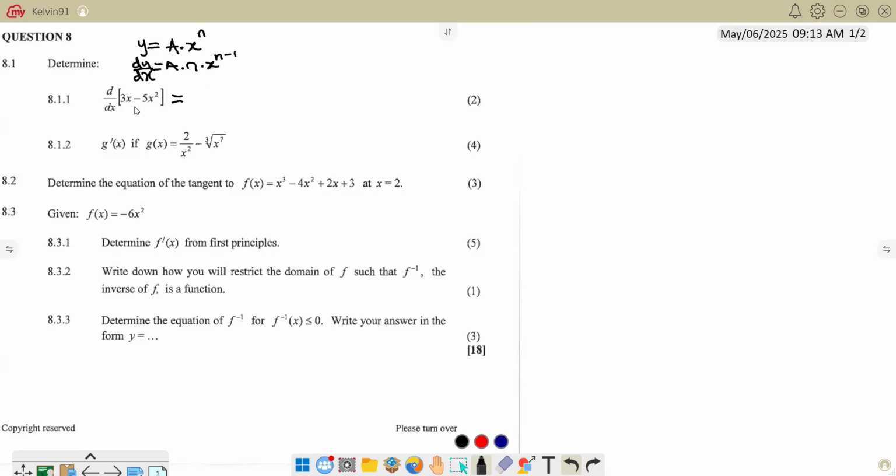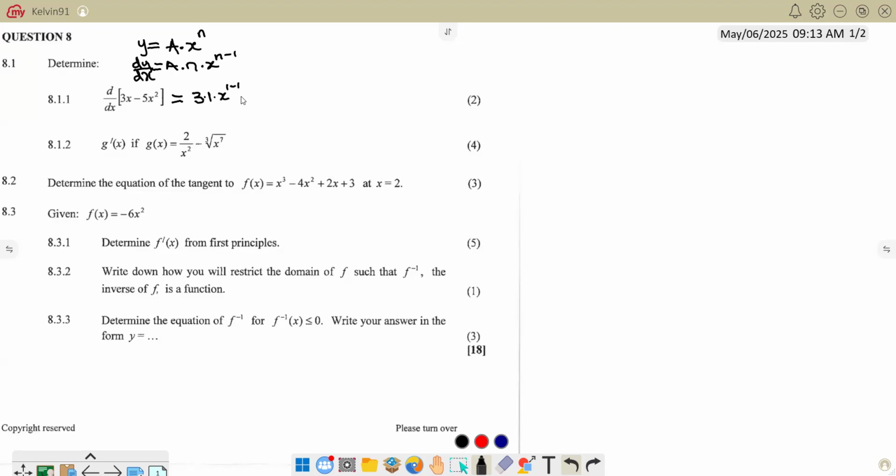So if we want to apply that here, we are going to have our 3. It's a constant. It reduces to 3, then multiplied by our power there. Our power is 1 multiplied by our x to the power 1 minus 1.